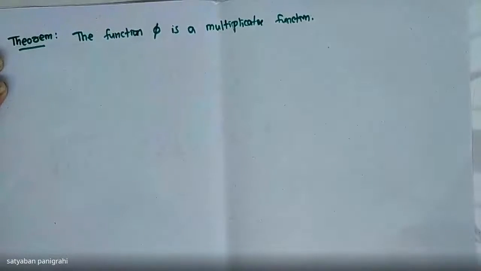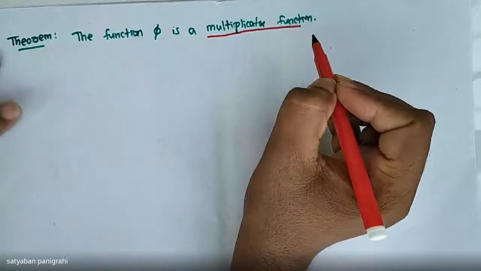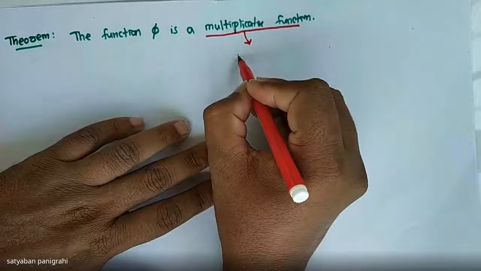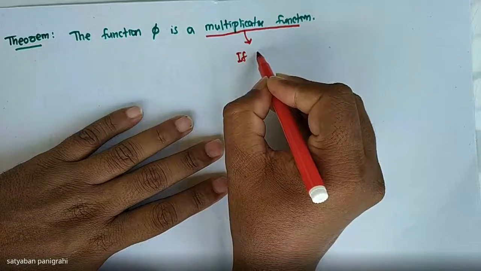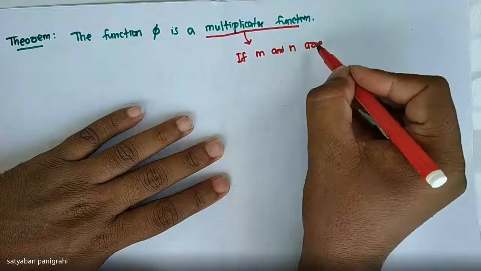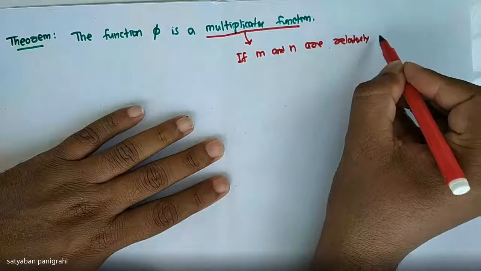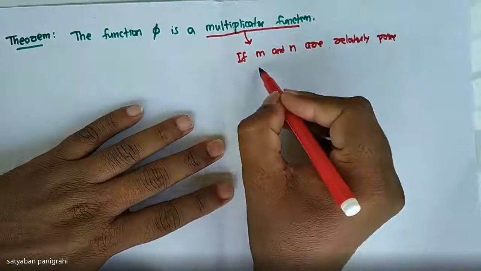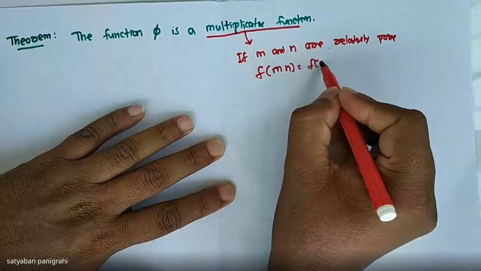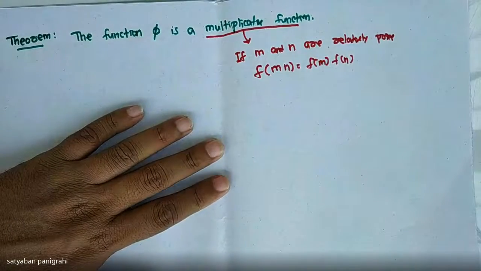Okay? Now, there is one term, multiplicative function. When we say a function is multiplicative, simple: if m and n are relatively prime, then the function f of m into n equals fm into fn, then we say the function is multiplicative.